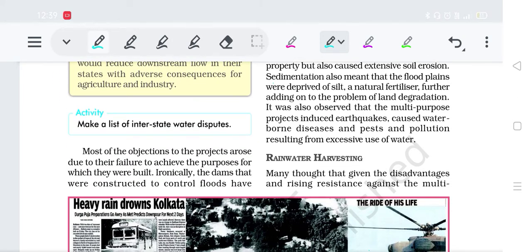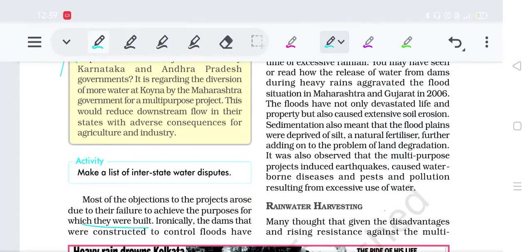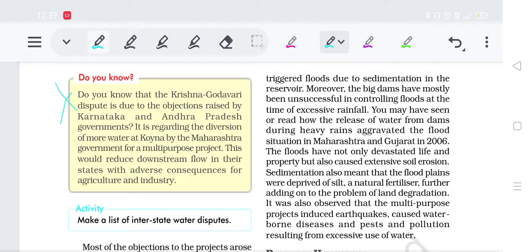Most of the objections to the projects arose due to the failure to achieve the purpose for which they were built. Ironically, dams were constructed to control floods, but sedimentation in the reservoir can cause floods. Moreover, big dams have mostly been unsuccessful in controlling floods. At times of excessive rainfall, the release of water from dams aggravates the flood.